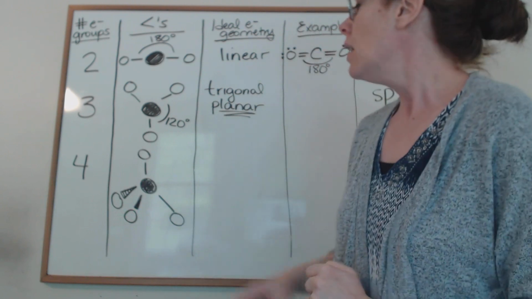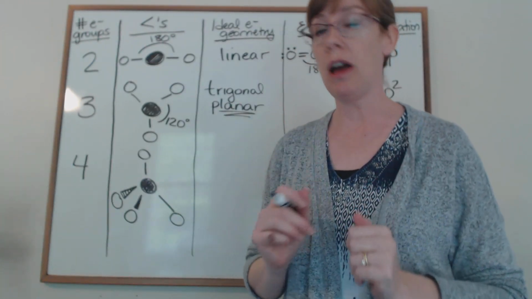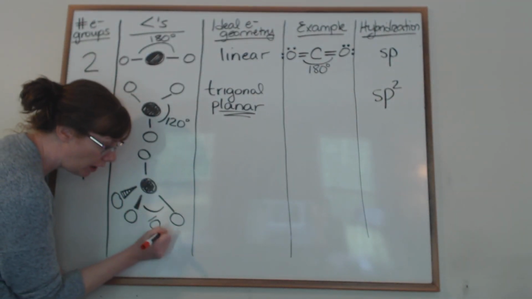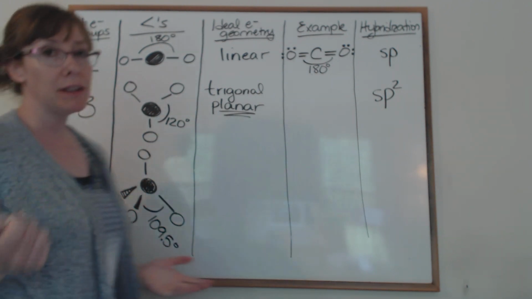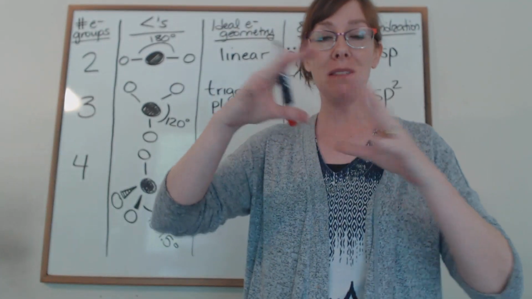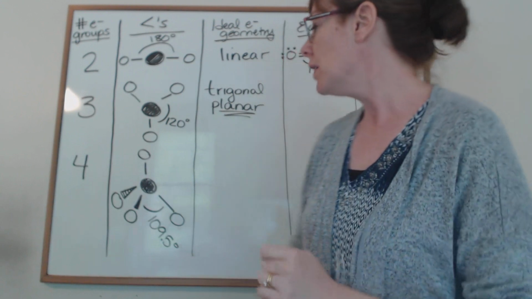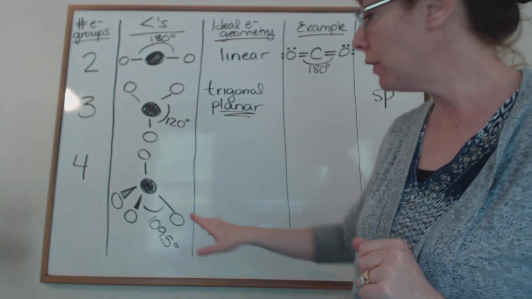The type of angles that this type of molecule would adopt, these are all going to be what are called 109.5 degree angles. It's not 360 divided by 4 because now we're entering a 3D world. It's not just a 2D 360 circle. It's always 109.5, you can memorize it.